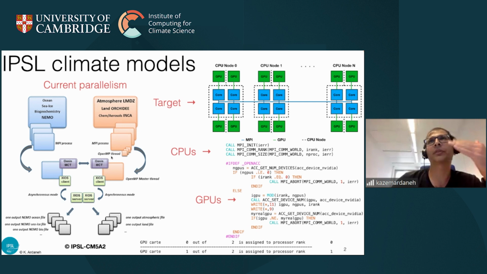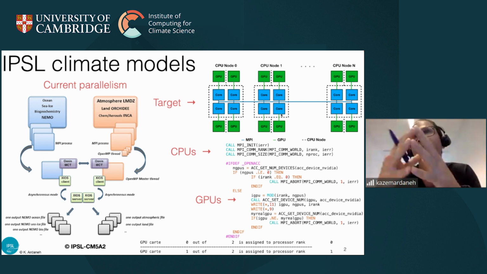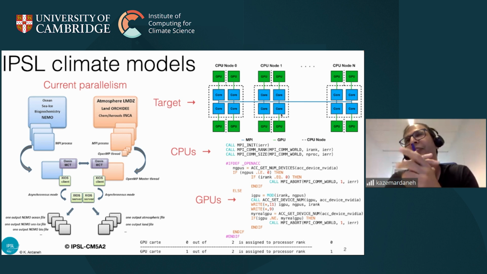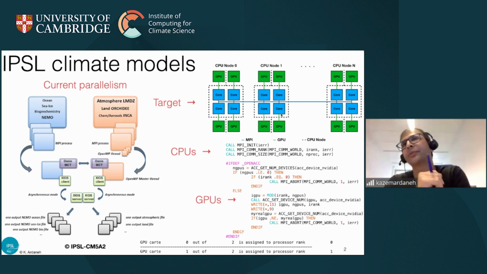So we target the next architectures, for which we use MPI plus OpenACC, so that we can use domain decomposition based on MPI, and transfer the calculation on each CPU core to the GPU to also benefit from the GPU calculation.